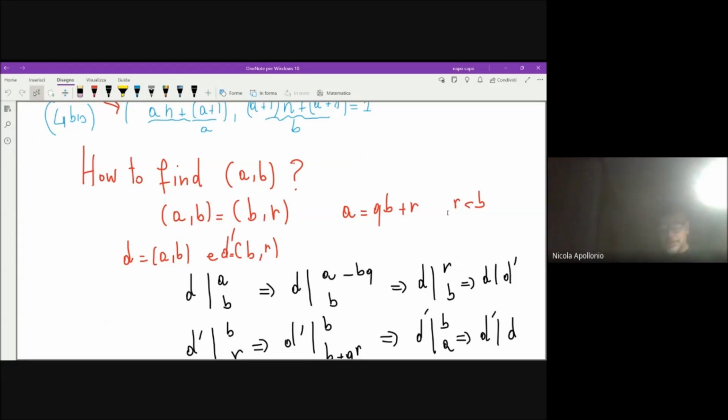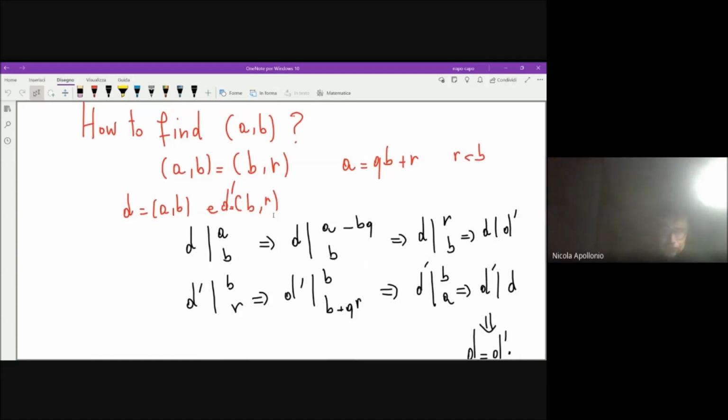Now, I recall very briefly what is the greatest common divisor of two integer numbers, whole numbers, A, B. We can assume even that they are positive. This greatest divisor is just a divisor which divides both, of course.